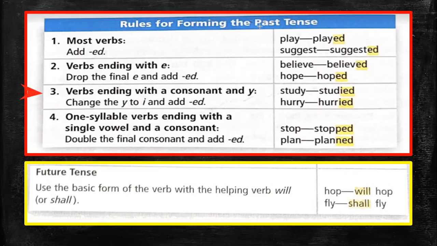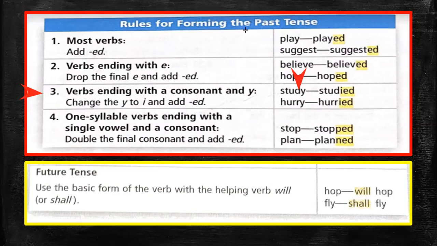It's easy to identify. But not only do you have to identify that it ends with a Y, you also have to look at the letter before the Y. In study, the letter before Y is D. Now you have to ask yourself, is D a consonant?